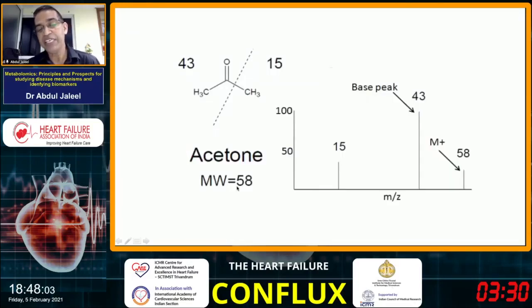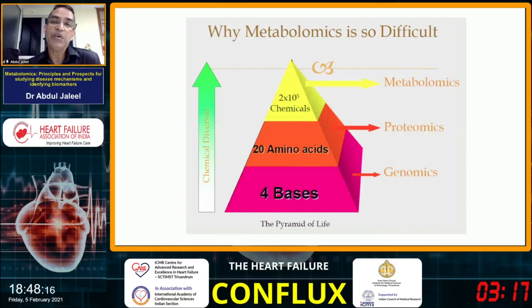For example, here it is acetone, the molecular weight is 58. When it fragments here, you get masses 15 or 43, different fragments. This is the parent ion, acetone. This is one example I am showing you. The creation of a database is extremely difficult in metabolomics, mainly because the chemical diversity is very high here.